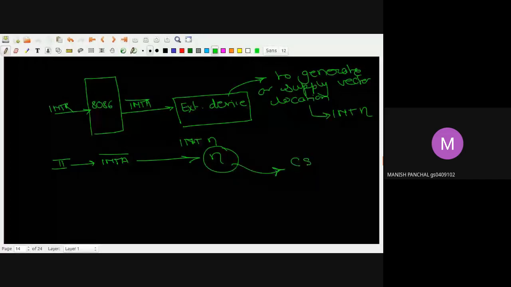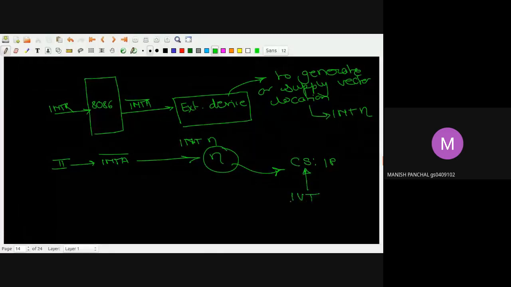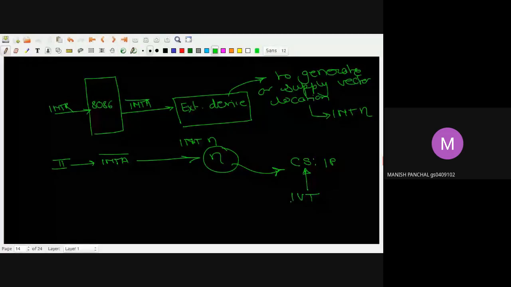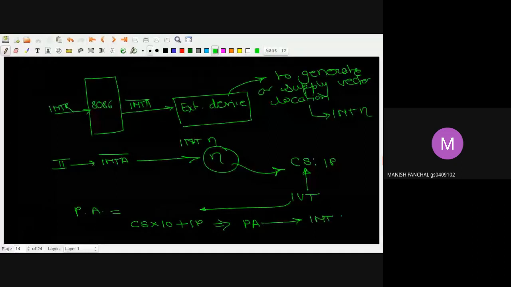The 8086 microprocessor will check this CS and IP, so it will refer to the IVT. Once it has taken the CS and IP combination, it will calculate the physical address: CS multiplied by 10 plus IP. This physical address location corresponds to the INTN instruction where the ISR is written.